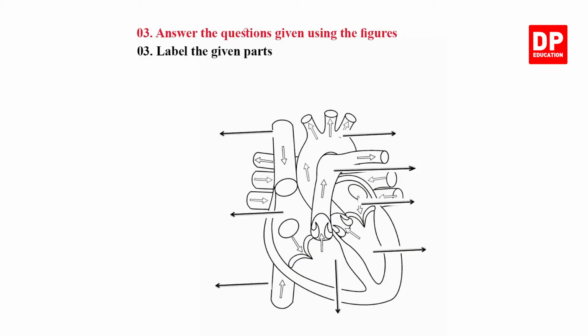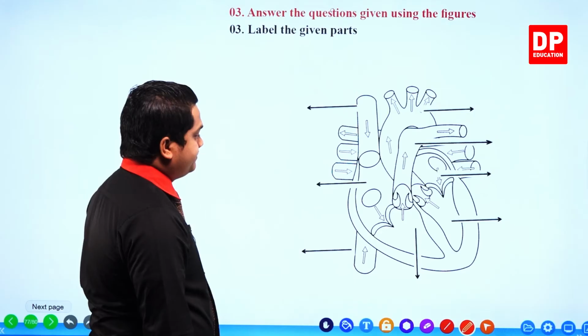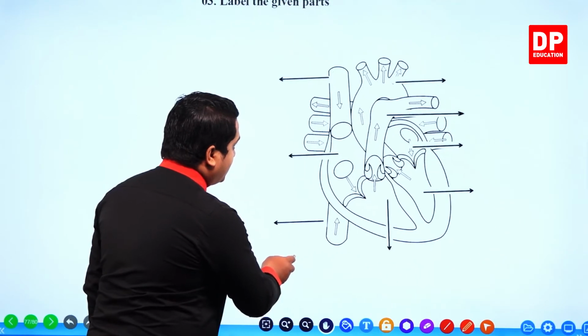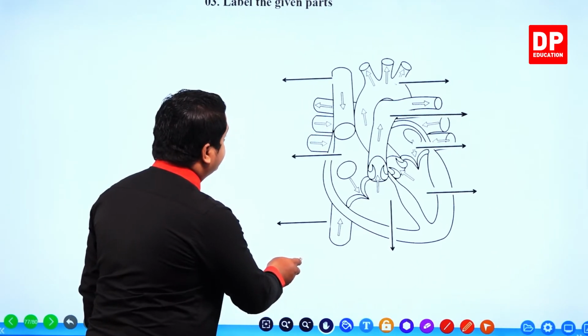Right, so the third question related to the figures. Here a diagram is given and you have to label the parts given in the diagram. So as usual, we'll name the parts within the figure.